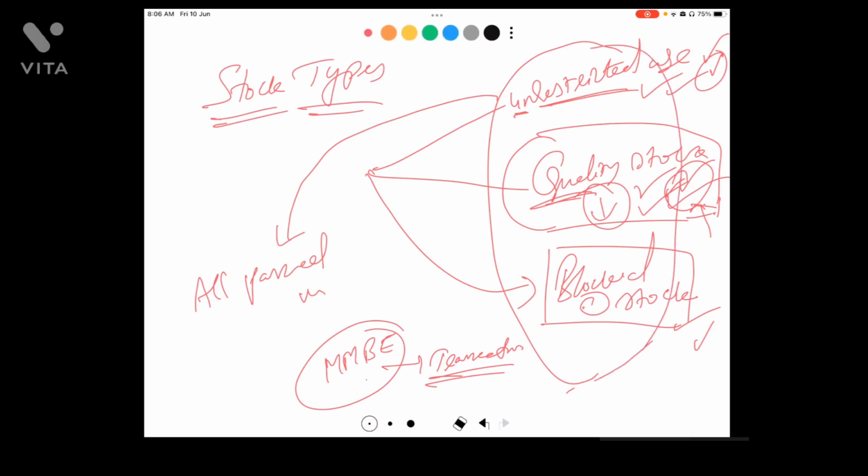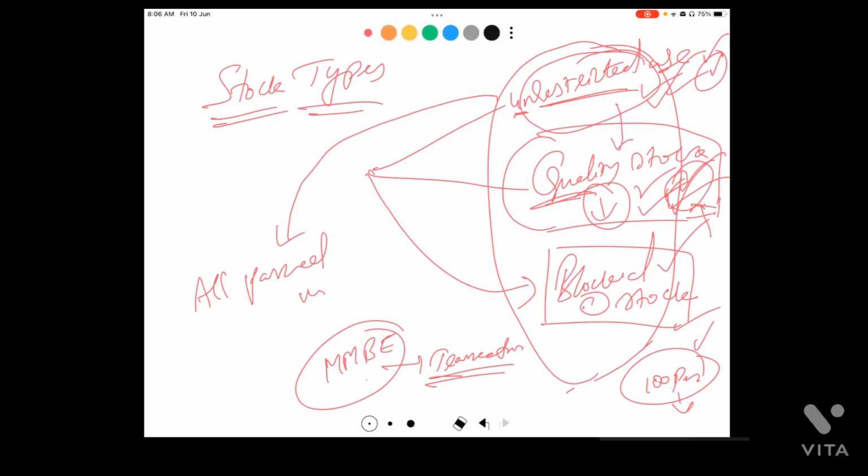If I have 100 pieces of stock, I cannot use all 100 pieces. Why? Because out of these 100 pieces, I need to check whether it is in the unrestricted stock, the quality stock, or the block stock. Suppose something happened in the unrestricted stock and the stocks are spoiled, then I can move from unrestricted to quality.